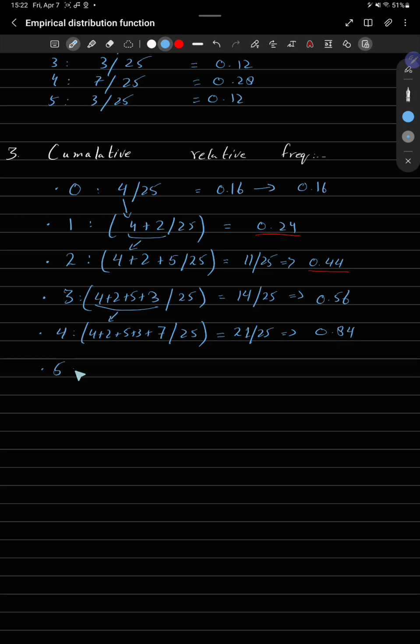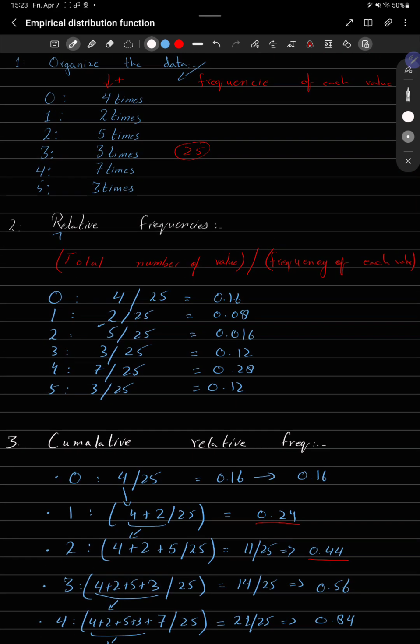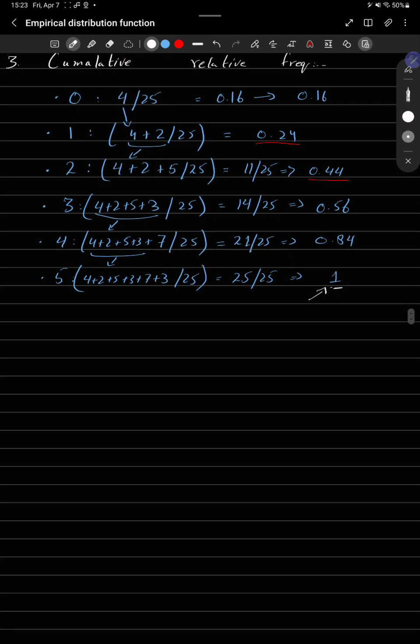And for the last 5, we take this value, put there 4 plus 2 plus 5 plus 3 plus 7, and we got 5. We got 5 three times, and we divide it by 25, and we will get 25 by 25, and in the end 1. If you get 1 in the last part, that means the whole above solution is correct. If you don't get 1 here, then there is a problem in your calculation.